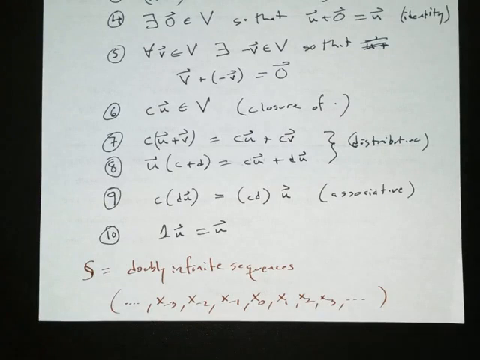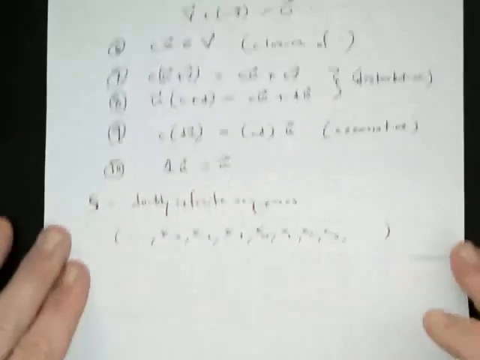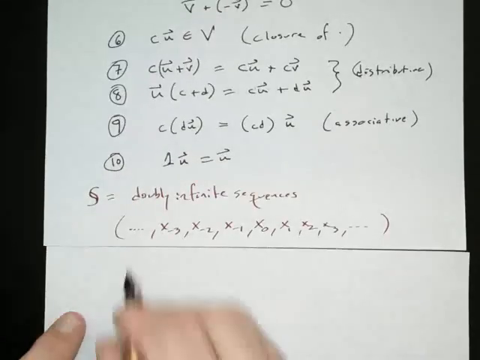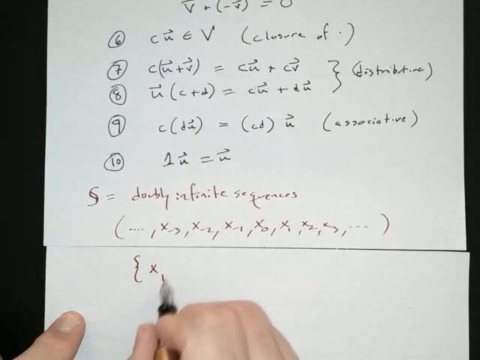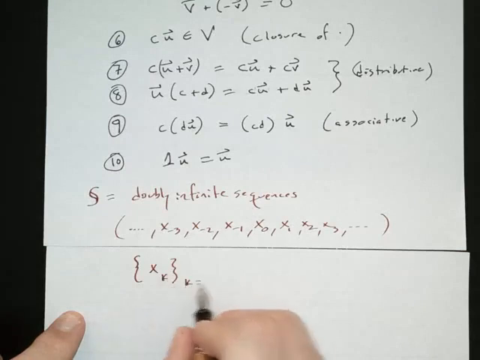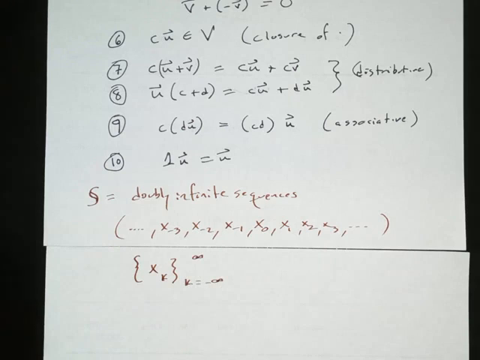This S is for sequences. And these are doubly infinite sequences, so I will often write something like xk, where k goes from minus infinity to infinity. That should look kind of like a sum from Calc 1, where we did the Riemann sum things. Only this time that k is our index. It's a loop, basically. Go through and list the numbers from negative infinity to infinity, and that's my setup.